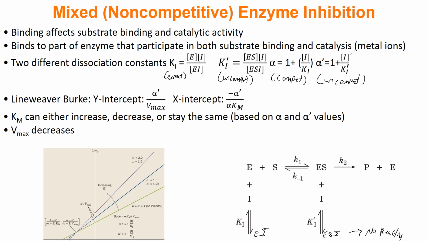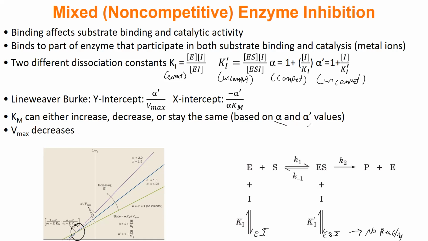And the way to determine mixed on a Lineweaver-Burke is that the lines cross off the axis. And the reason for that is because Vmax always decreases. So as the inhibitor goes up, Vmax decreases. However, Km's weird because it can increase, decrease, or stay the same.